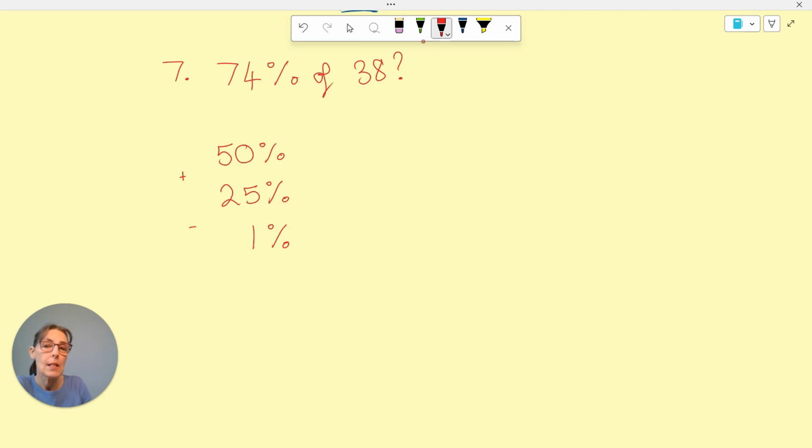So 50% is half. So half of 38, and I'm going to put 30 and 8, and I'm going to split them. So that's 4 plus 4 and 15 plus 15. So half is going to be half of 30 plus half of 8. So that's 19.